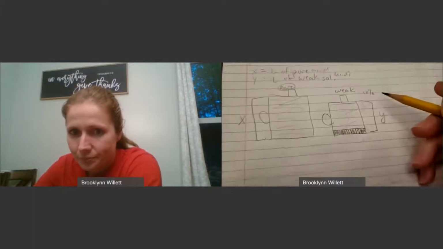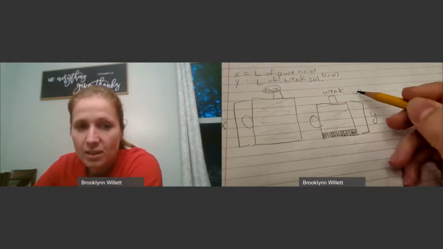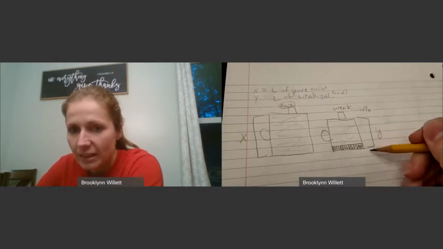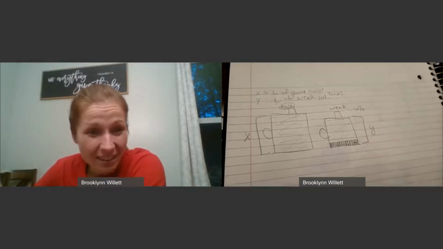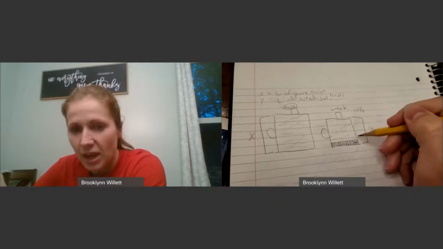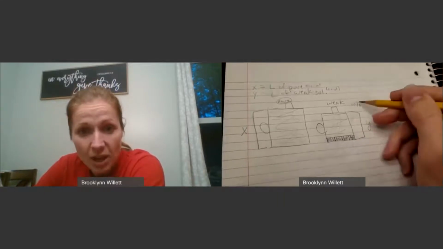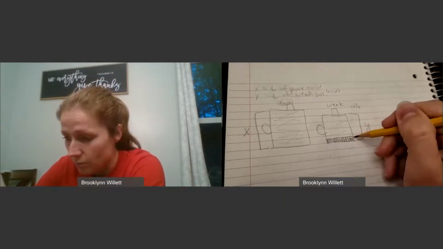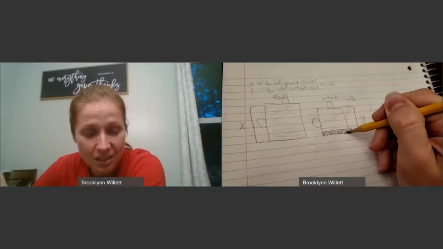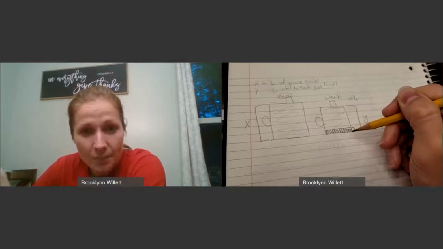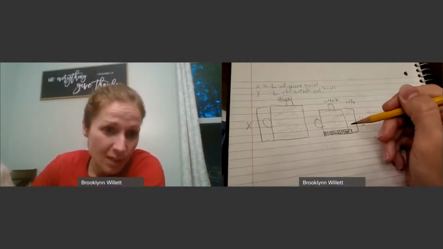Now, the 10% tells us that however many liters there are here, let's just pretend there's 10 liters here. Then 10% of those 10 liters would be acid. So 10% of 10 is just 1.